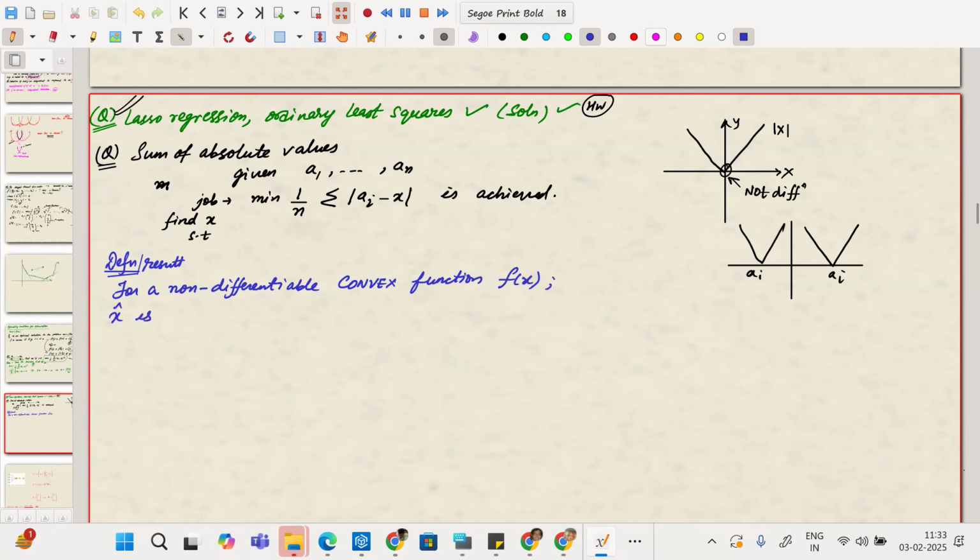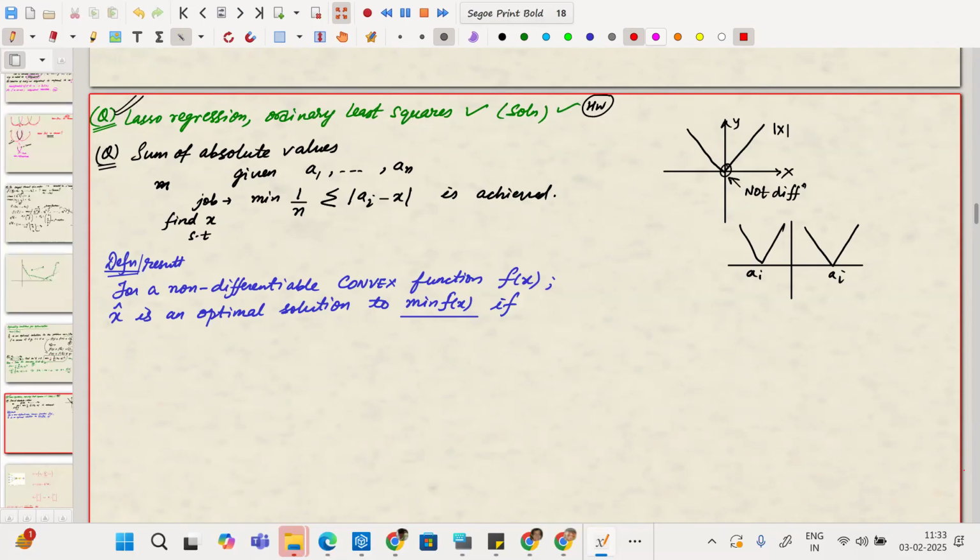x hat is an optimal solution to the problem minimum of f of x if zero can be a subgradient.